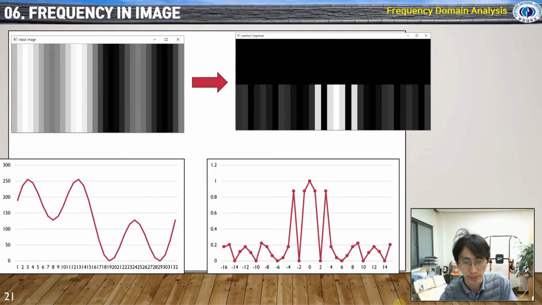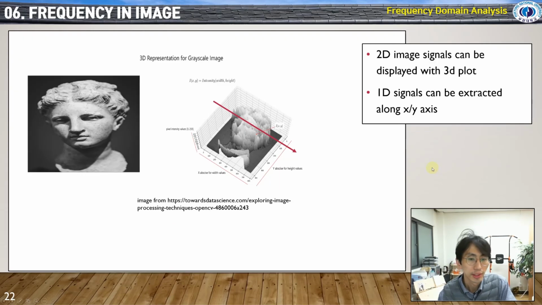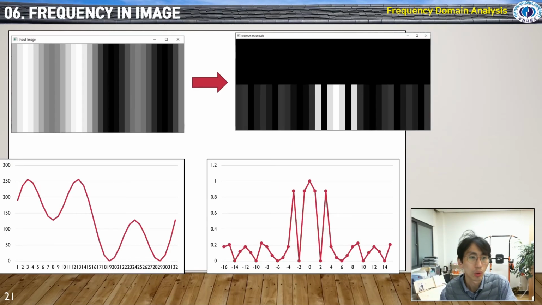So that's why it is symmetry. Then this is an image, but this is almost a 1D image, right? So it also only has signals according to the x-axis.